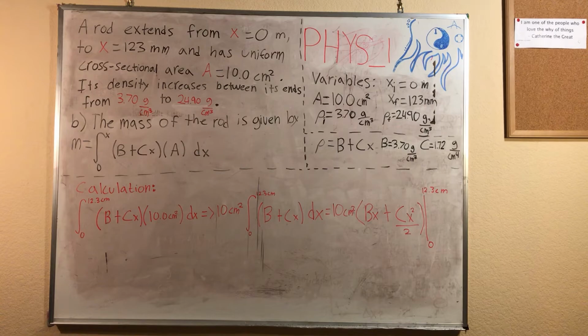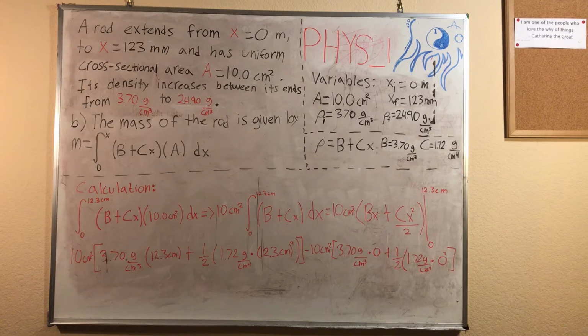With the integration done, the mass can now be solved for by plugging in B and C. The final equation to solve is 10 centimeters squared times all of 3.70 grams over centimeters cubed times 12.3 centimeters plus 1/2 times 1.72 grams over centimeters to the fourth times 12.3 centimeters squared, all minus 10 centimeters squared times all of 3.70 grams over centimeters cubed times 0 plus 1/2 times 1.72 grams over centimeters to the fourth times 0 squared.